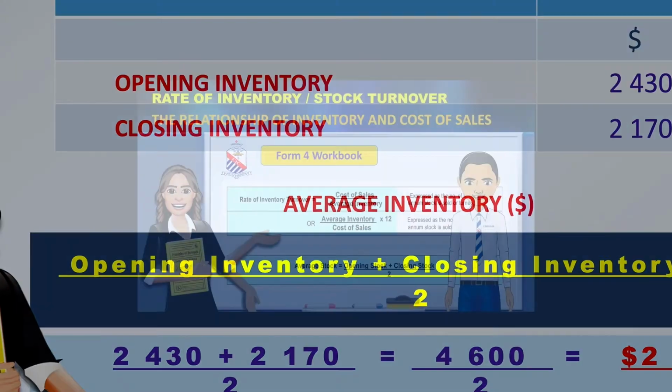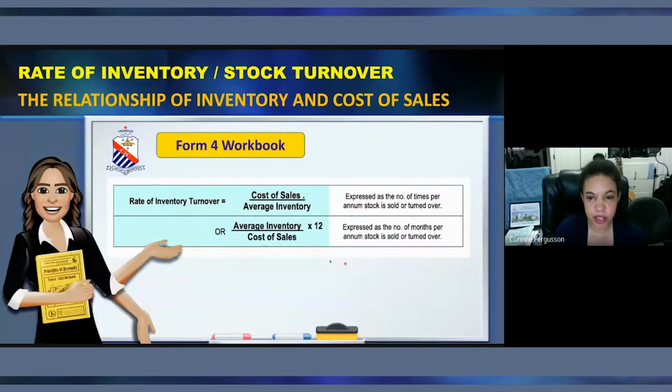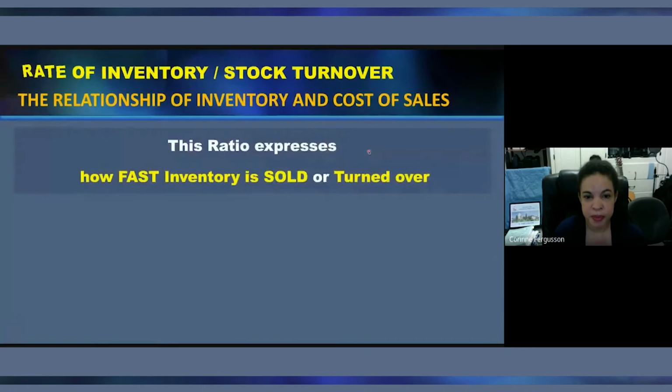Now that you have worked out your average inventory, what is left for you to do is to just plug it into this very simple formula. This rate of inventory stock turnover expresses how fast inventory is sold or turned over. Let's just keep it simple: how fast is the inventory sold?